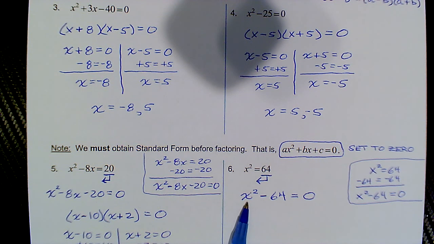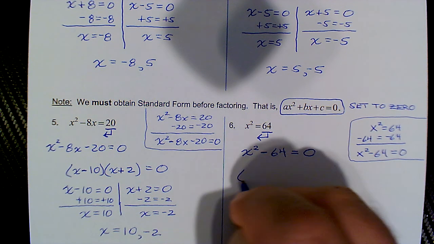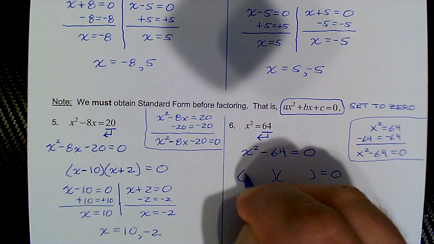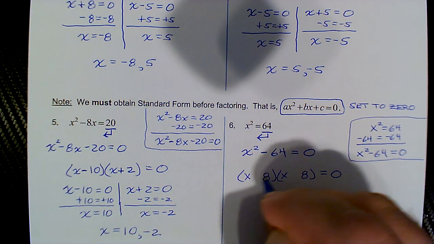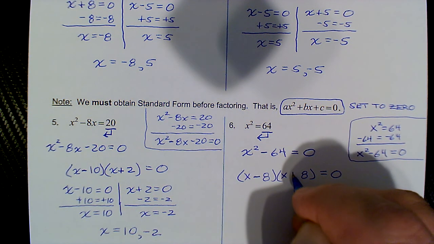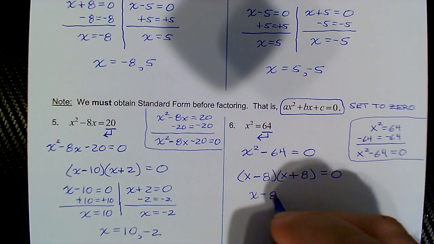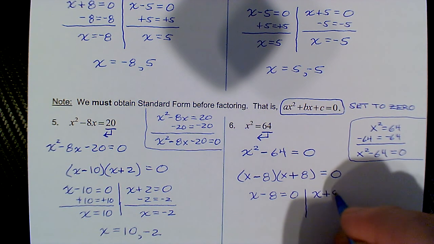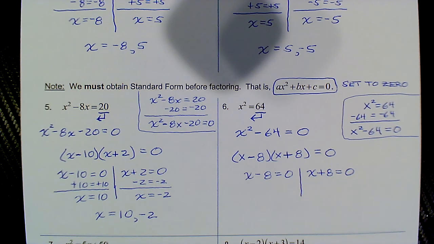And we see x squared has a perfect square of x. 64 has a perfect square of 8. So set it up for the factorization. x and x, 8 and 8, one negative and one positive. And then we set each factor to 0, by the zero factor property.